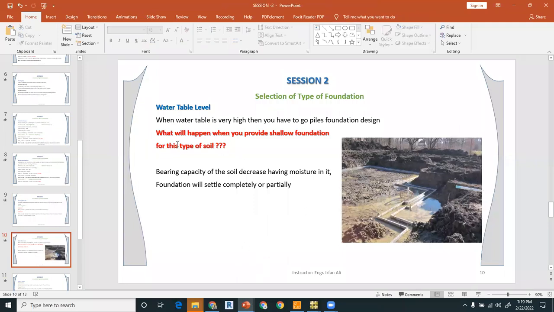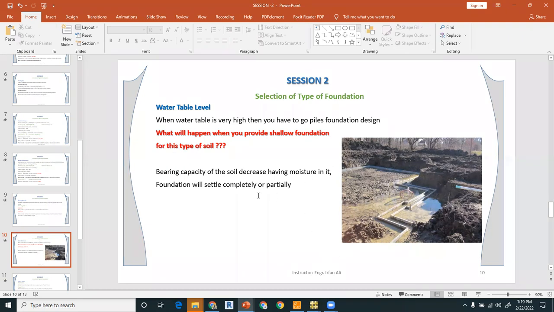So I have written a question: what will happen when you provide a shallow foundation, for example, raft foundation, isolated foundation, or strap footing or combined footing to the building? So what will happen, right?